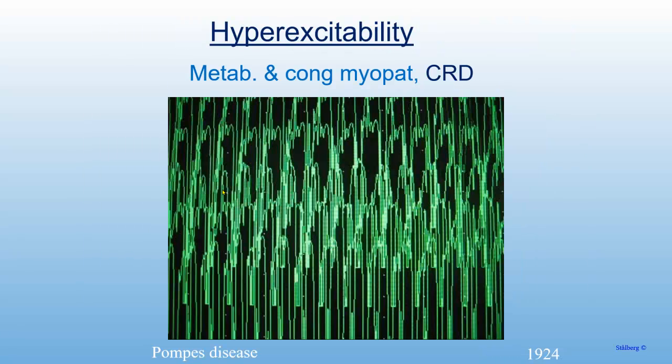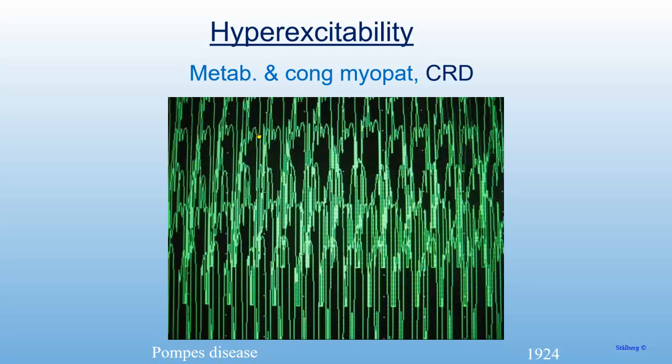Then some discussion about muscle fiber hyperexcitability, ion channel changes or other changes. One is the CRD, complex repetitive discharge, and that is a group of muscle fibers, 5-10 muscle fibers, that are activated absolutely synchronously.